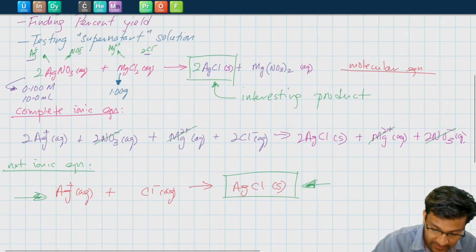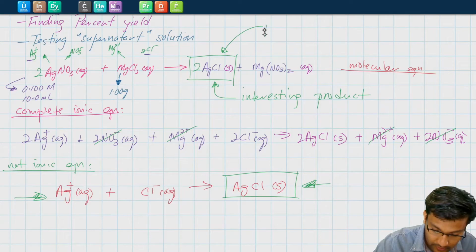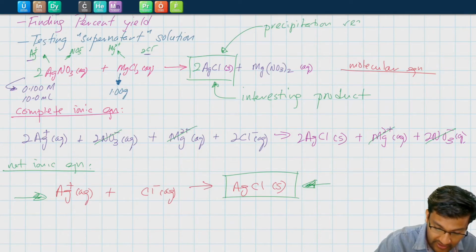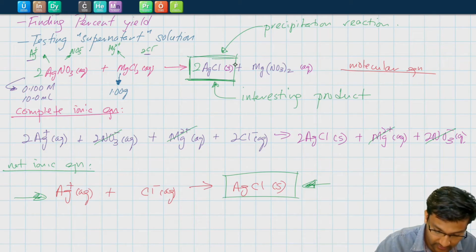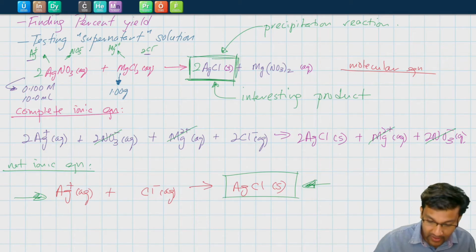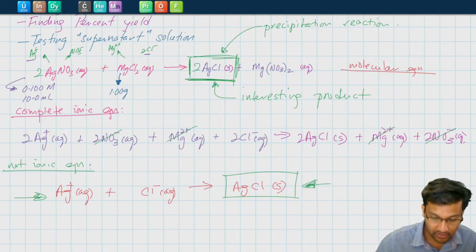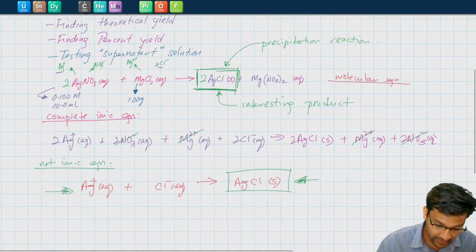And this is a precipitation reaction, because we go from all aqueous solutions to a solid product that will precipitate out, a solid precipitate. Okay, so this is our interesting product that we'll be interested in, silver chloride.